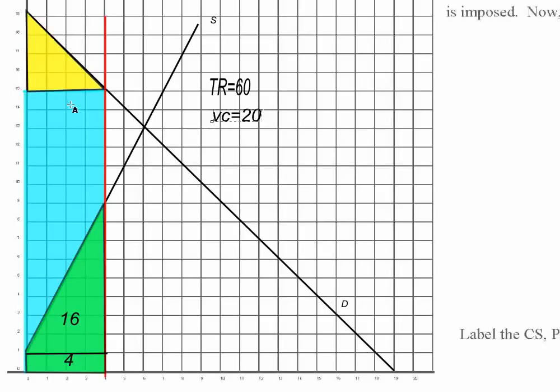And now we can find the consumer surplus, which we didn't calculate yet. 1/2 times 4 times 4. 4 times 4 is 16. Half of that is 8 for the consumer surplus.